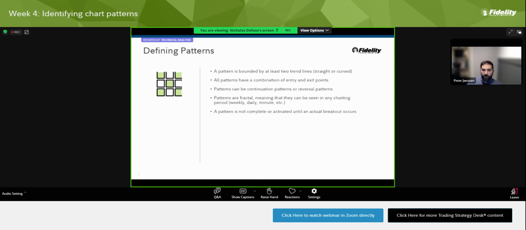I think that last bullet point is important: pattern not completed or activated until that breakout occurs. What we mean by that, folks, is there are probably no shortage of books that say, hey, I've back tested such and such a pattern. If this pattern happens, there is an X% chance of this happening next. Take caution with those types of resources, not to say they're not useful from a thought process standpoint.